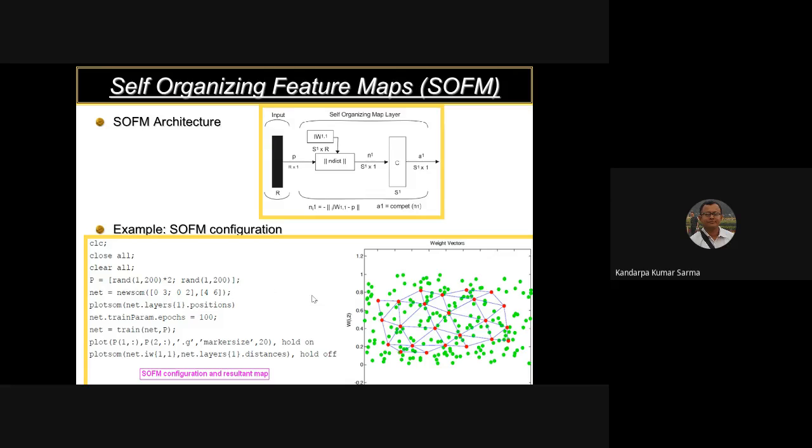Then we'll have a neighborhood of 4 by 6. So we first plot the points where these will be, and then we will be doing the training.